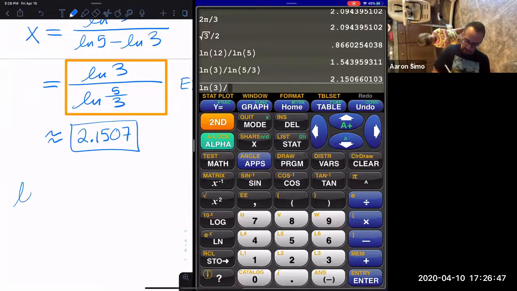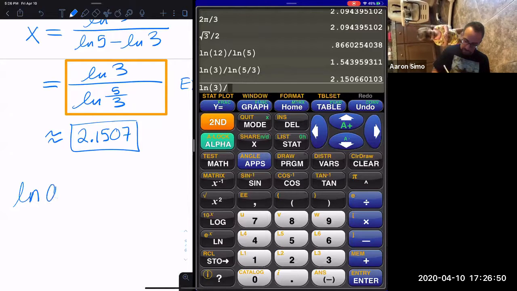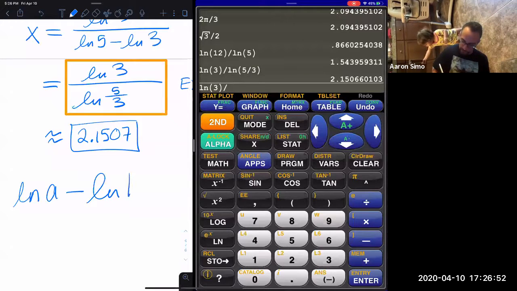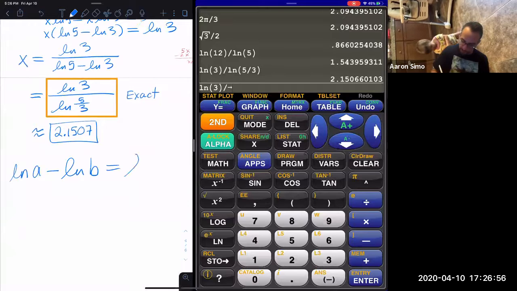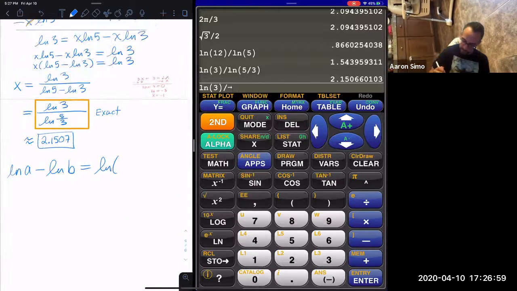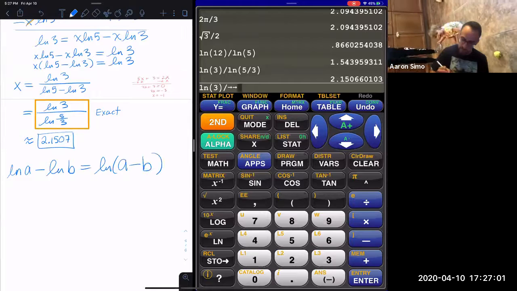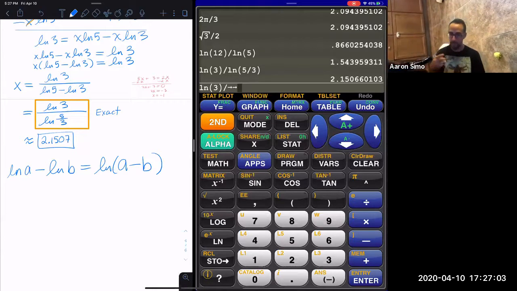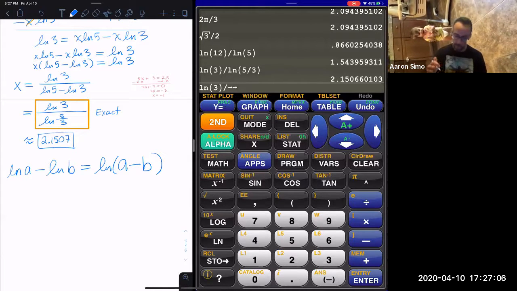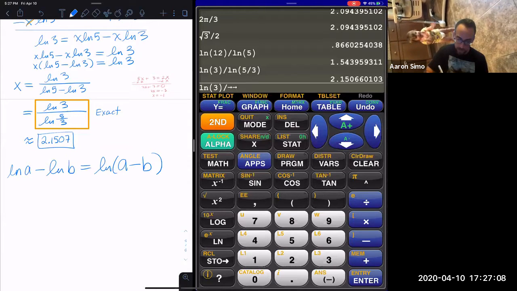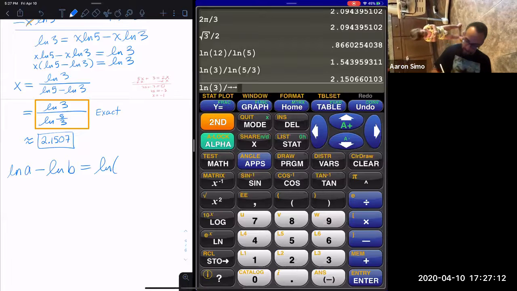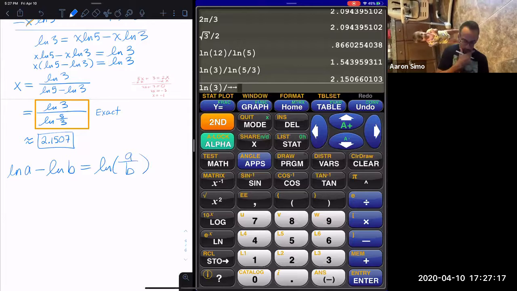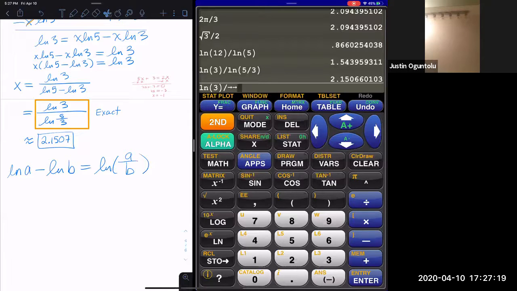The property says ln of A minus ln of B. What you said was that it equals ln of A minus B. That's not correct. ln of A minus ln of B does not equal ln of A minus B. What you want to say is that it's equal to ln of A over B. That's the property.